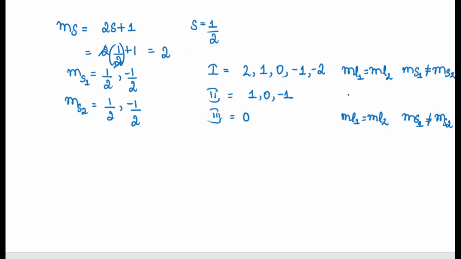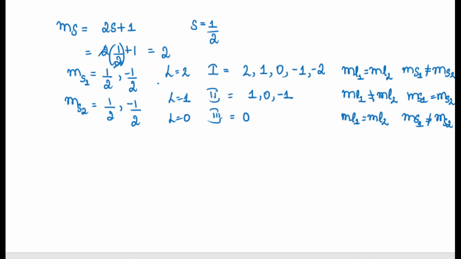In the second set, where ml1 is not equal to ml2, ms1 can be equal to ms2. I hope these conditions are very clear to you. Using the diagonal terms, we got the L values to be 2 and 0. We are getting the L values to be 2 and 0.